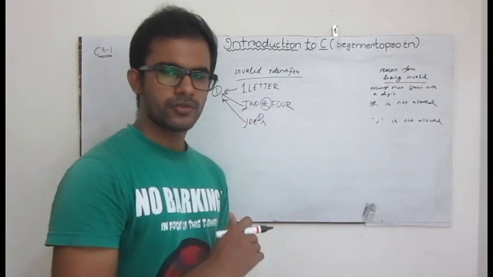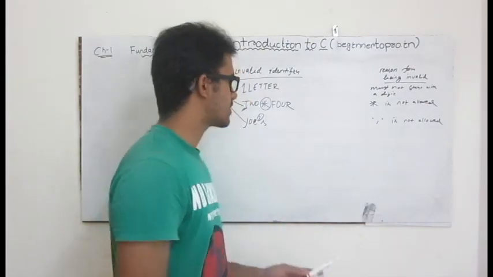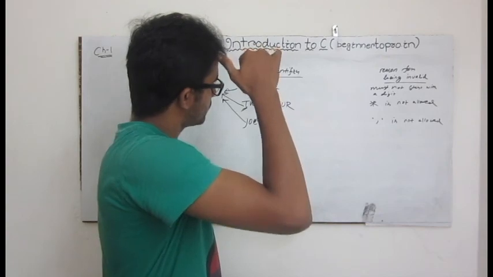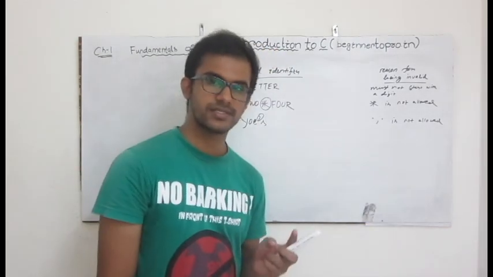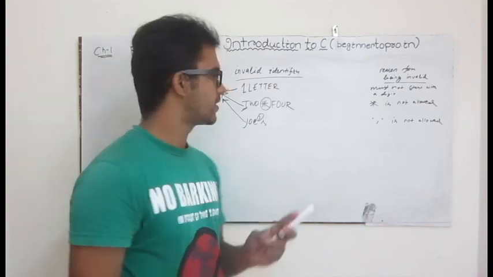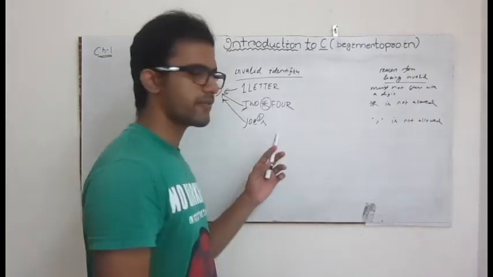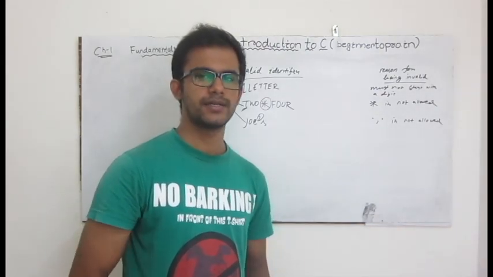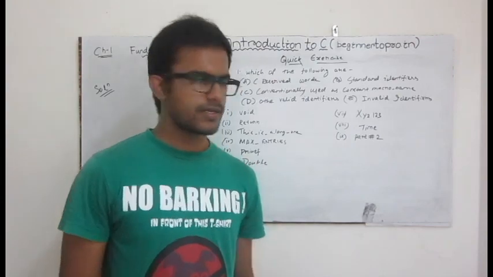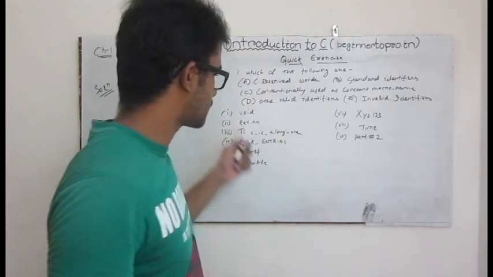Now we are moving to a quick exercise where we'll solve some of the problems on identifiers. See whether it is a reserved word, a constant macro, or not. We'll know briefly on that. Guys, here is the quick exercise which I have made for you.